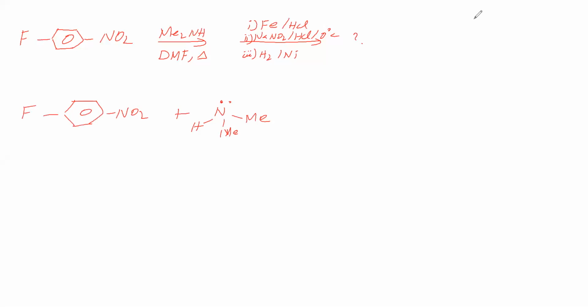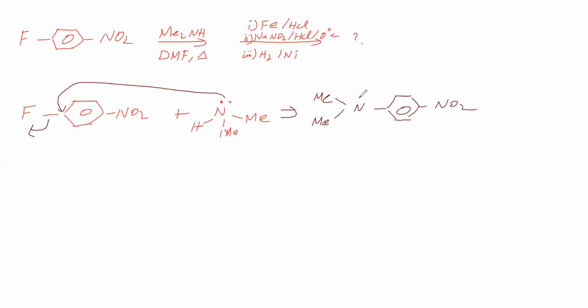In this dimethylamine, the N is attacking this place, so F is leaving. So we will get Me2N, this phenyl ring, this NO2. We are getting like this.